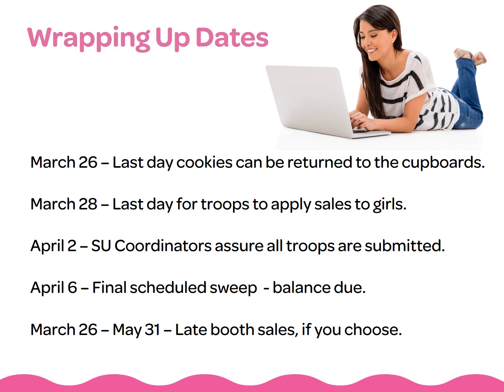And on April 6th, it's our final sweep. That's the balance due. And again, from March 26th to May 31st, if you're having a late booth sale, that would be your window of time to have your last opportunity for a great successful season.